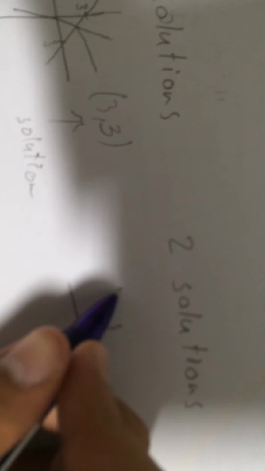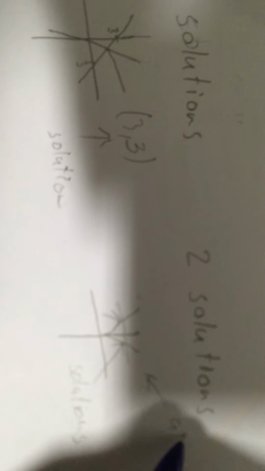That's your solution for this one. And then here, this is a two solution one. It's a bit complicated here because you need to use absolute value to get a V. As you can see, there are two solutions here.